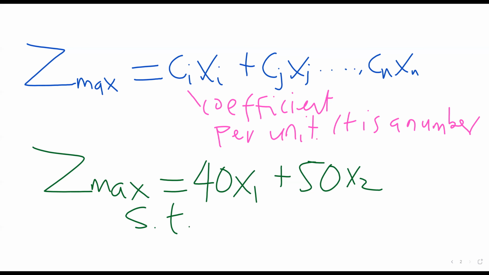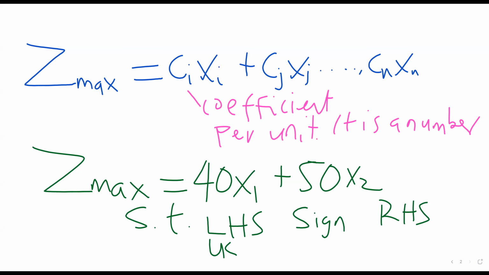There is an approach you should always follow whenever you are formulating the constraint. The first one is to know that we have the left-hand side of the constraint, we have a symbol or a sign, and then we have the right-hand side of the constraint. Now, the left-hand side of the constraint is usually called usage.